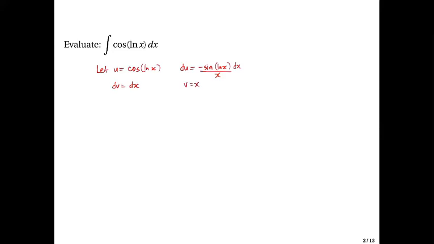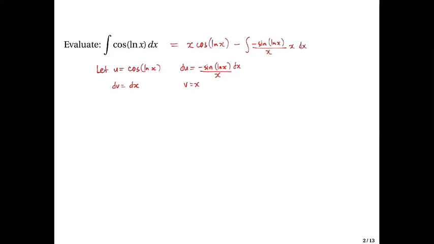So with this, we can now have uv. So we have x cosine of ln of x minus the integral of v du. So the integral of negative sine of ln of x divided by x, and then you have x dx.